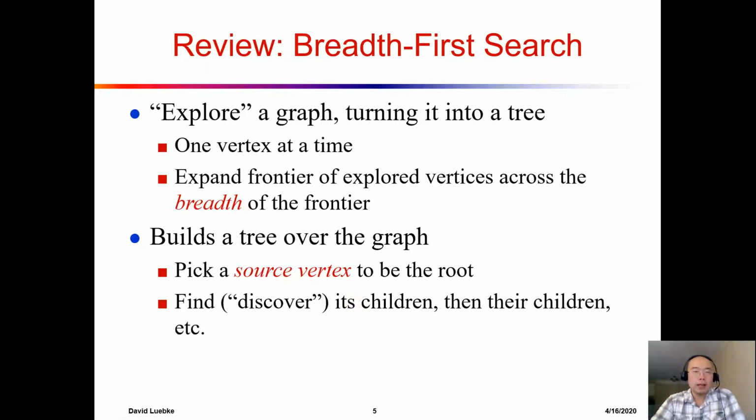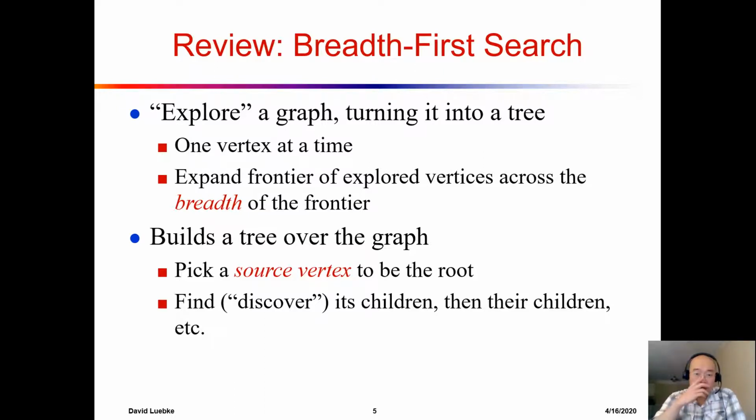Okay, and this is the Breadth-First Search we talked about last time, and the strategy is we want to visit one vertex at a time, and then we want to explore the boundary of our search across the breadth of the frontier.